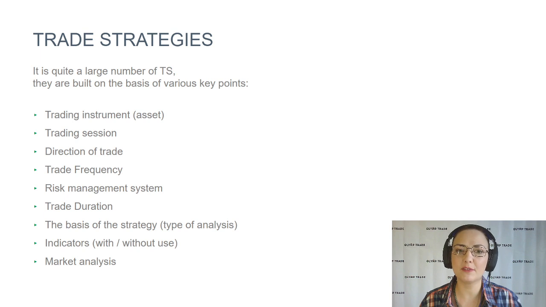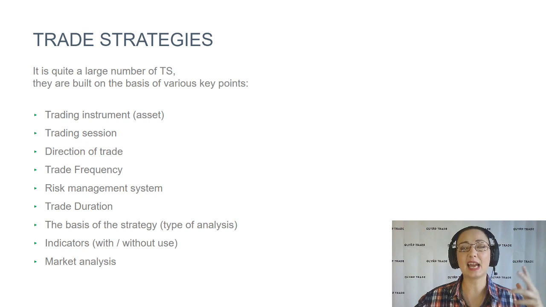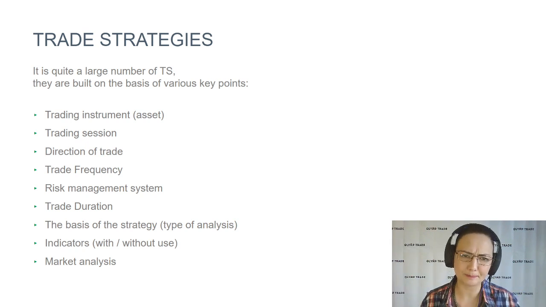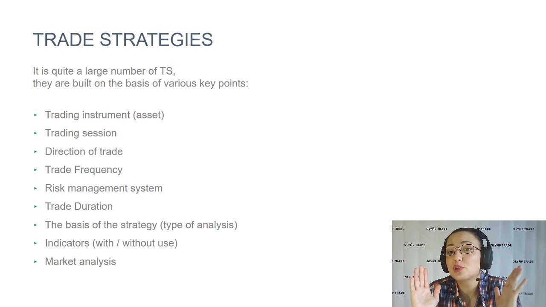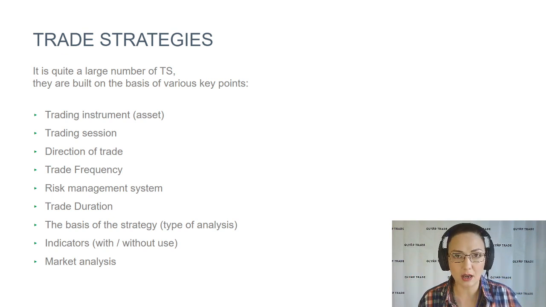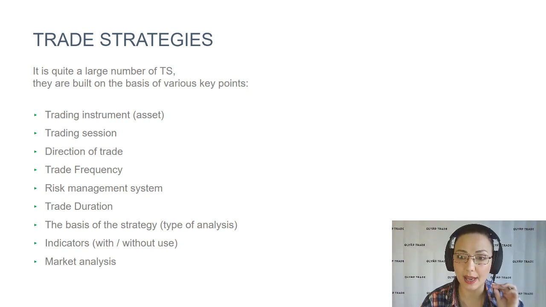Or maybe, for example, you like to use Heikin Ashi, which is a type of chart, but it's basically an indicator. And if you like to use Heikin Ashi, then maybe you should trade currency pairs that contain the Japanese yen, because initially Heikin Ashi was developed using the Japanese yen currency pair. Or maybe you strictly like to trade commodities like gold, oil, natural gas, or only cryptocurrencies. So once again, we have to consider the asset. What do we want or what do we like to trade?